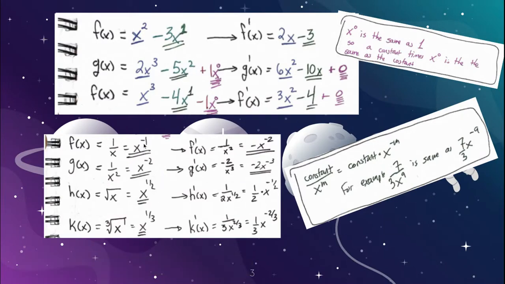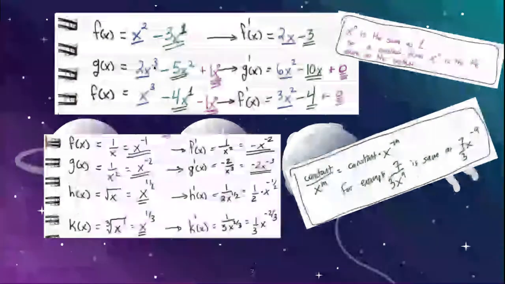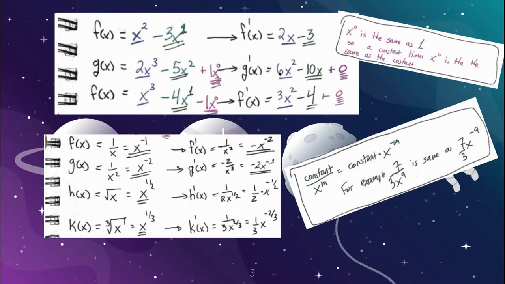So it's just x to a power, x to a power, x to a power. It cannot be in the denominator, can't be under a fraction. And when you do that, the derivative will be power times coefficient is the new coefficient, decrease the power by 1. It's a shortcut.